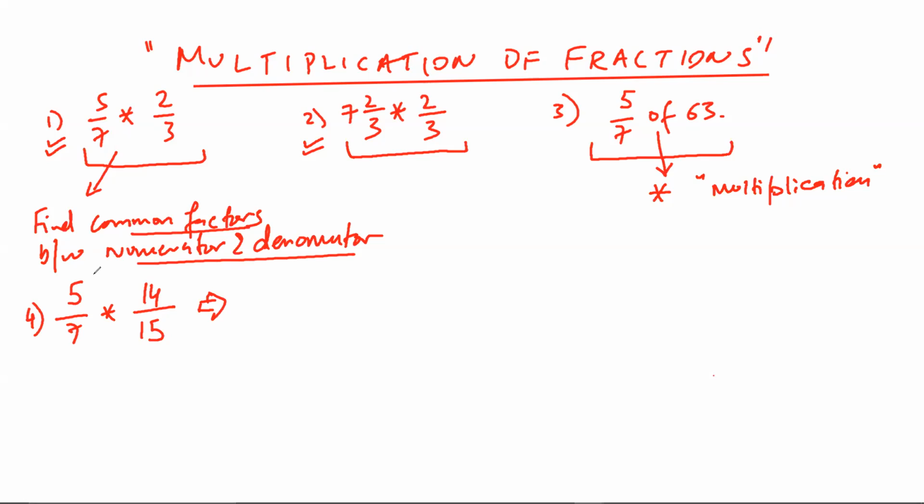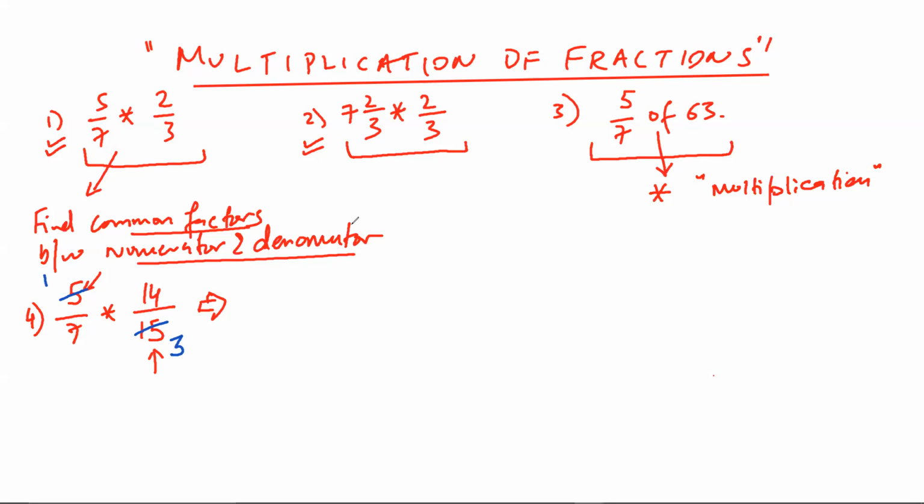So, for example, between numerator and denominator, I see 5, I see 15. So, what is the common factor? 5 and 15. I can cancel this by 5 as the common factor: 5 one the 5, and 5 three the 15. So, Sarthak, have you understood?